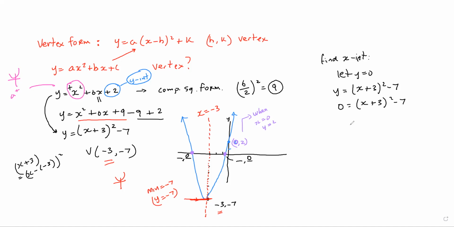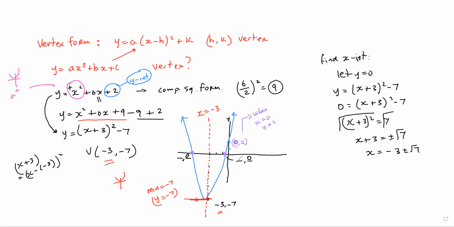So we'll bring the -7 over. So (x plus 3) squared is 7. Like before, we square root both sides. So x plus 3 is plus or minus √7. So x will be -3 plus or minus √7.